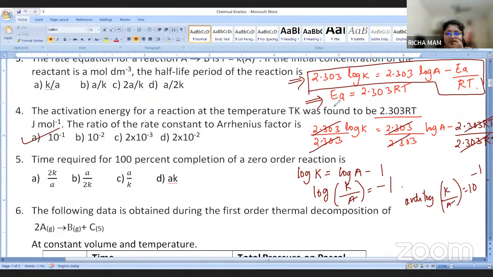So we have the activation energy. In the above equation, wherever 2.303 is there, we are dividing it on both sides. So we have got log of K is equal to log of A minus 1. So log of K by A is equal to minus 1. If we take anti-log, it becomes 10 raised to minus 1. So option number A is the answer.